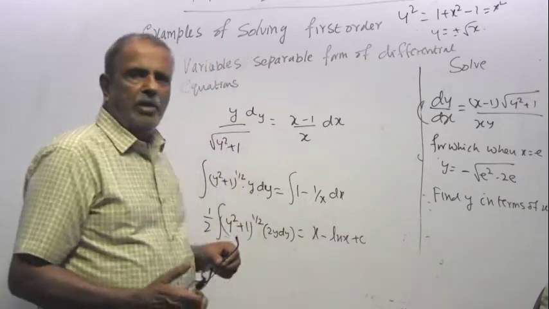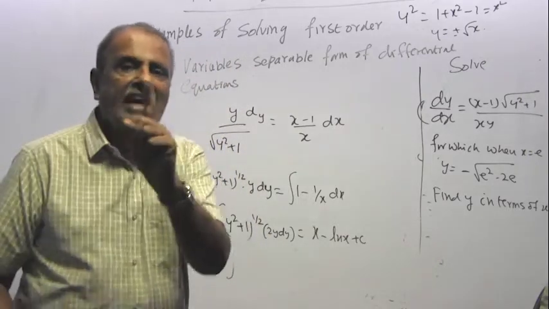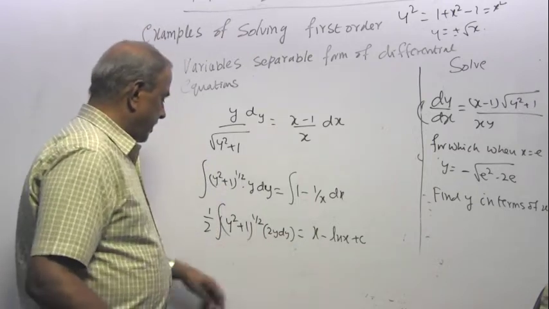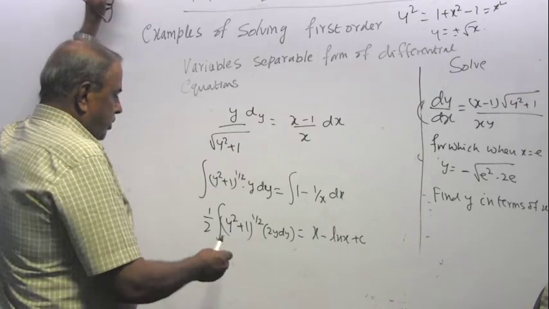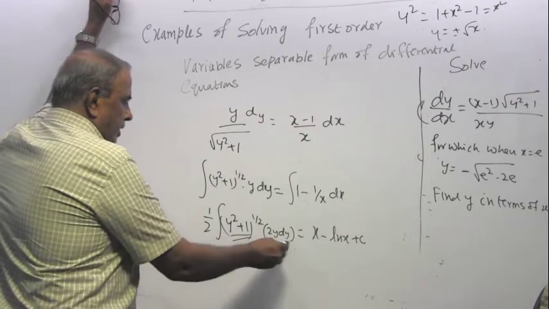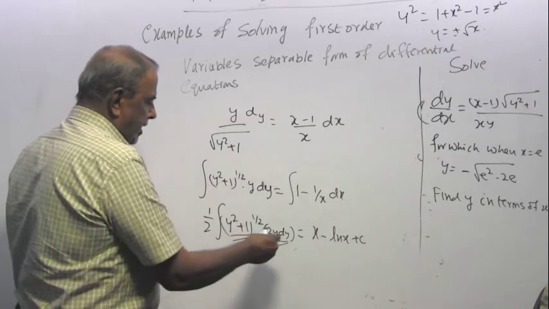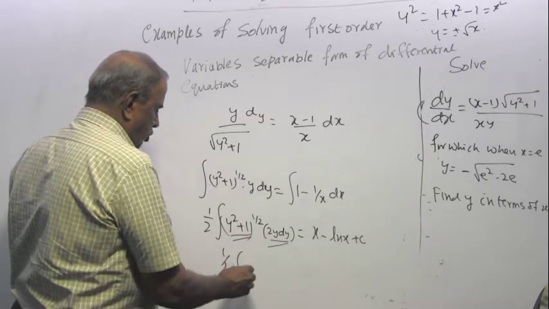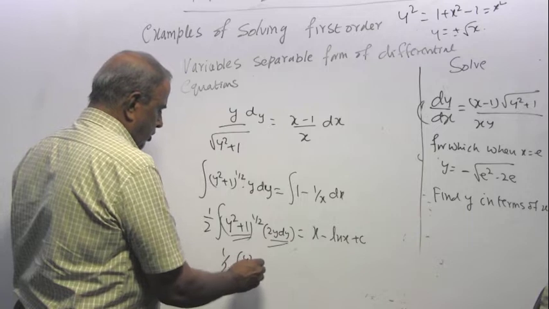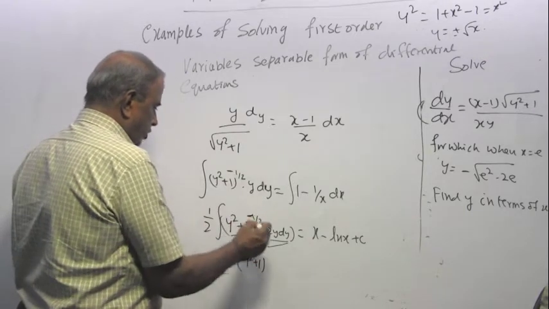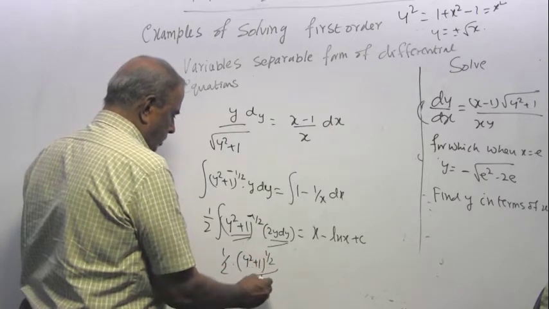You might be wondering, why did I write plus c and not ln c? I write ln c only if I had an ln on the left hand side. Now, when you differentiate y squared plus 1, I get 2y. So it's something like u power half du. It gives you u power 3 over 2. Oh, it's a minus half. So u power half over half.